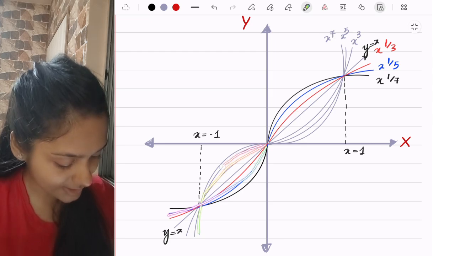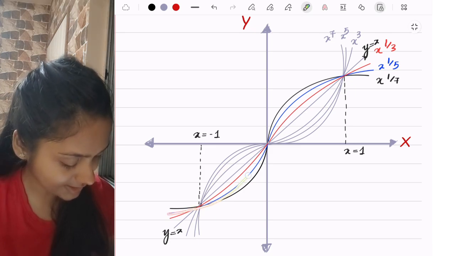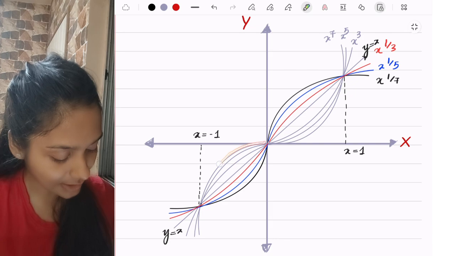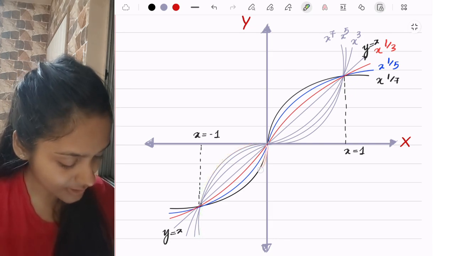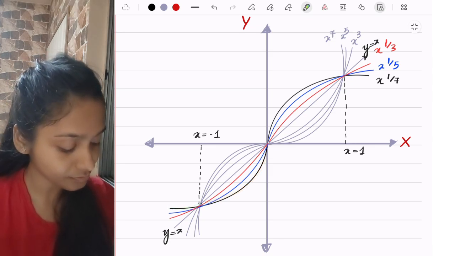Again the middle one is the x power 5 graph. So the blue curve must be the x power 1 by 5 graph. And this curve which is far away from the y equals x graph has the inverse, this black curve, which is x power 1 by 7.